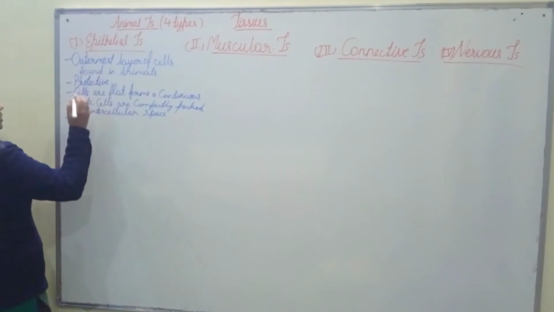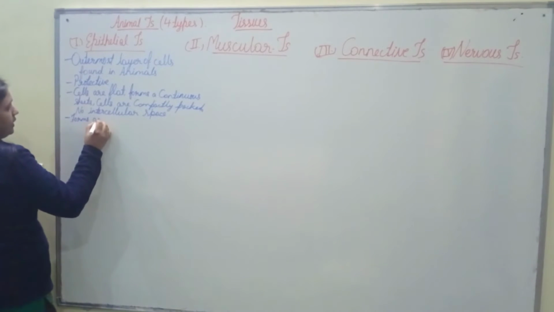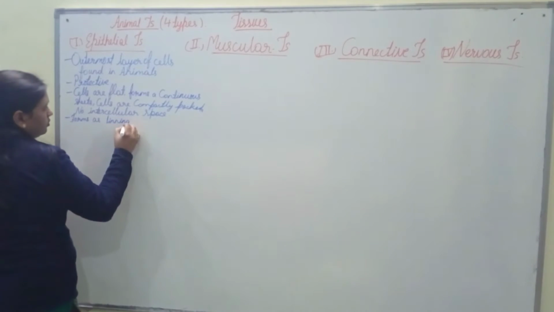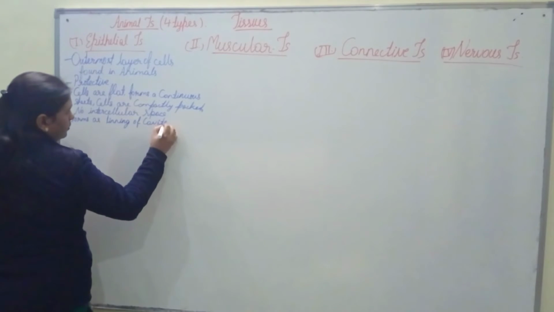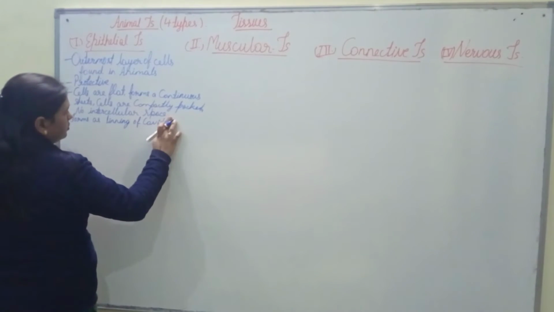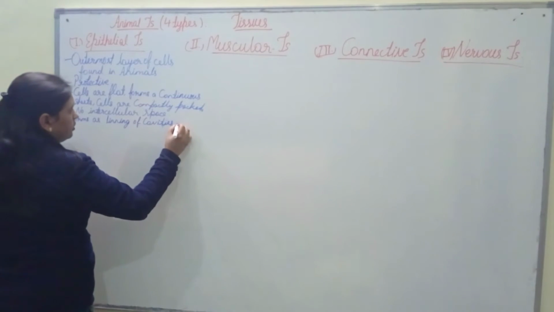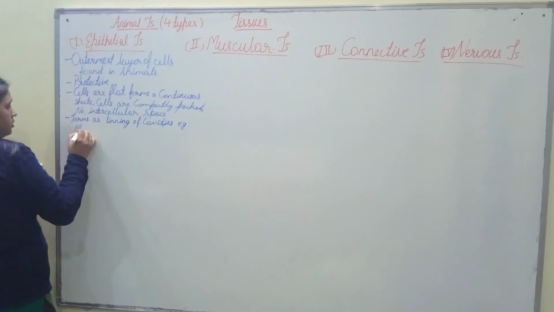And now this epithelial tissue forms a lining of cavities, for example, inside the cavities of the mouth.